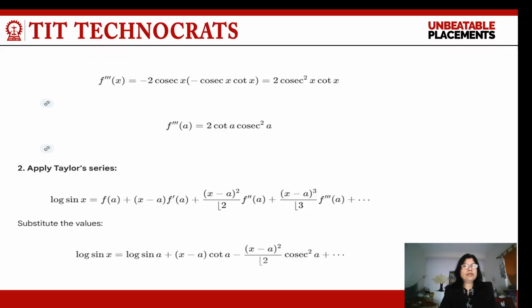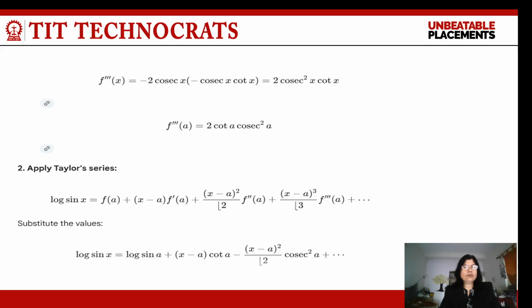Triple differentiation, that is f triple dash x is equal to minus 2 cosec x into minus cosec x cot x, is equal to 2 cosec square x cot x. At x is equal to a, f triple dash a is equal to 2 cot a cosec square a. Apply Taylor's series.